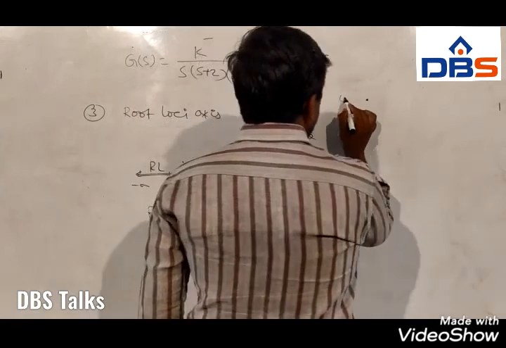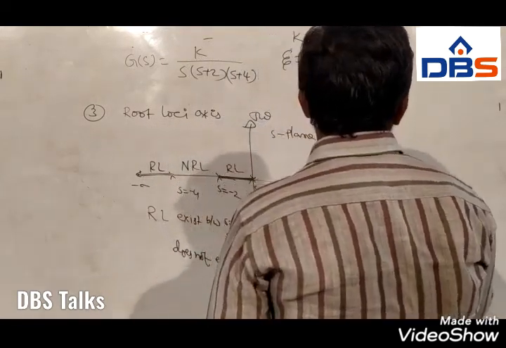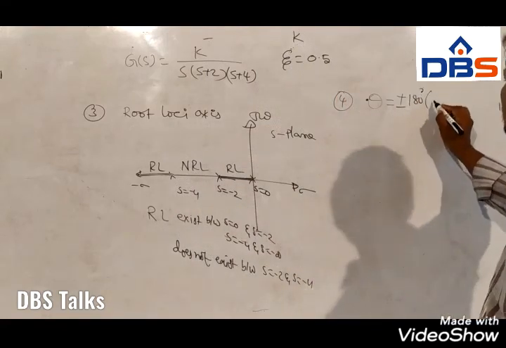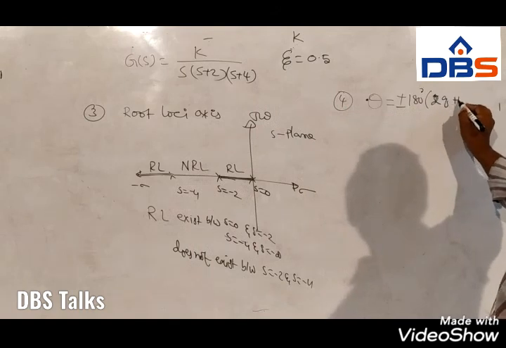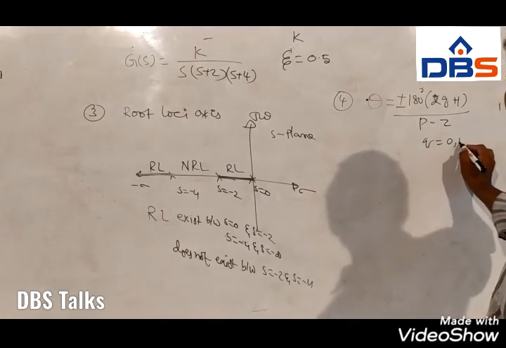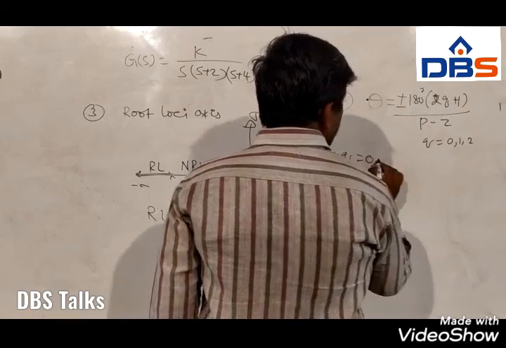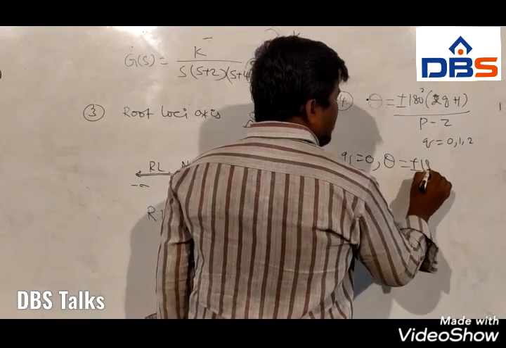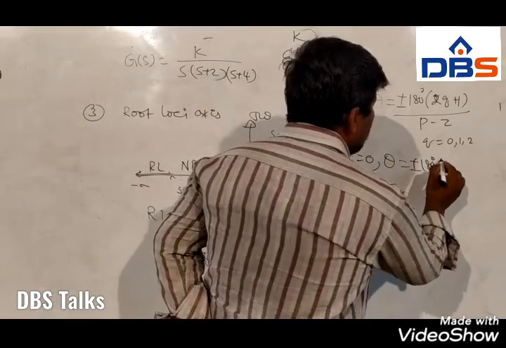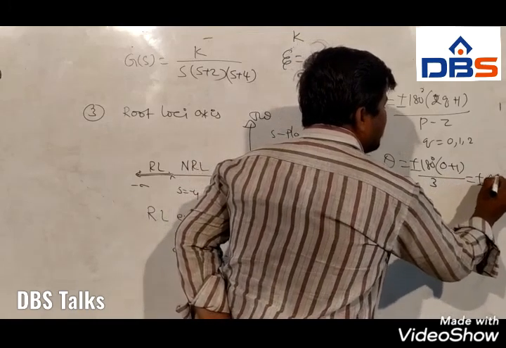And the fourth one, the angle of asymptotes. Angle of asymptotes equal to plus or minus 180 degrees into (2q plus 1) divided by (P minus Z), where q is equal to 0, 1, 2. For q equal to 0, theta equal to plus or minus 180 degrees into (0 plus 1) divided by 3, that is equal to plus or minus 60 degrees.